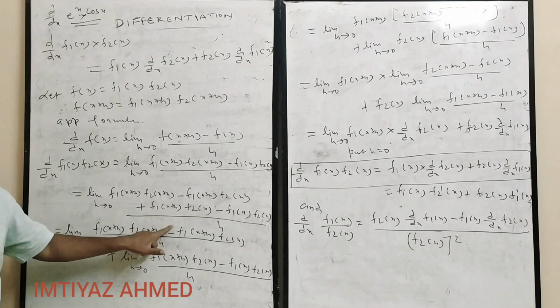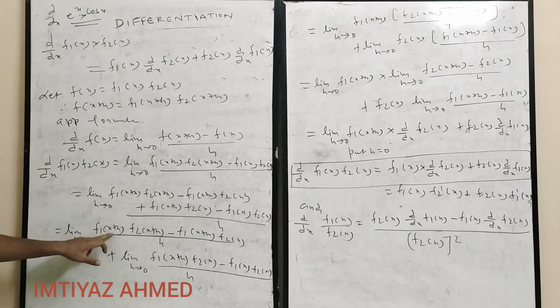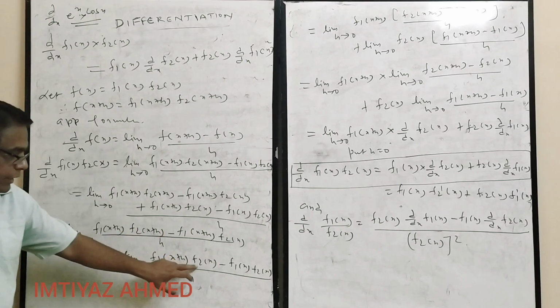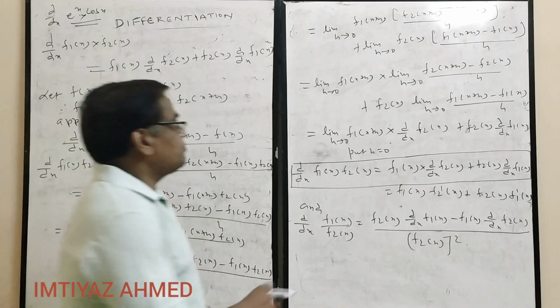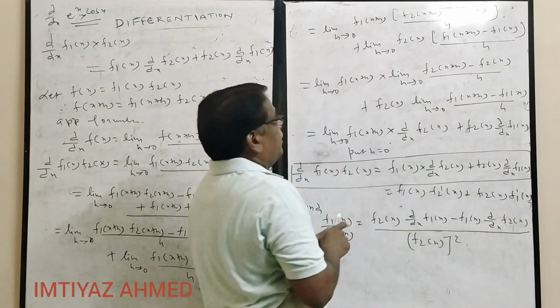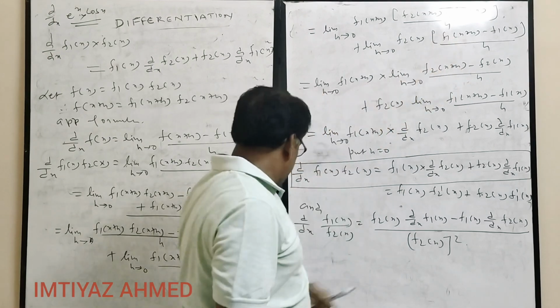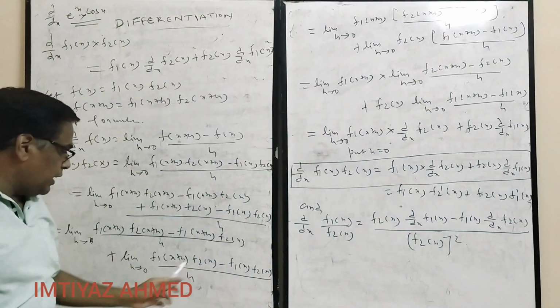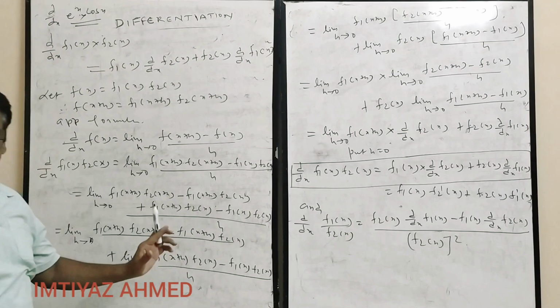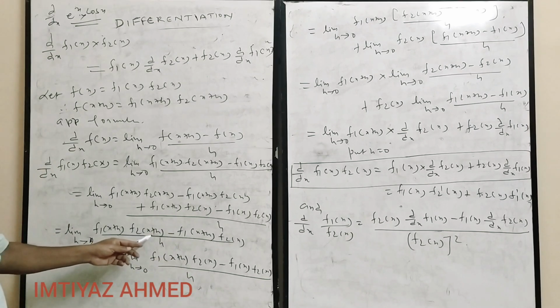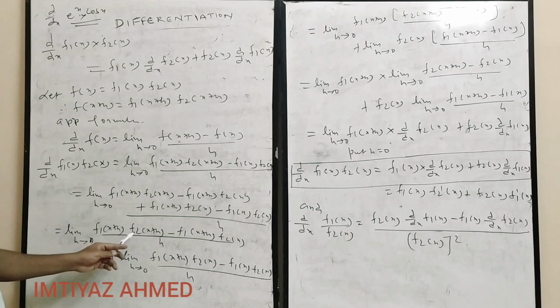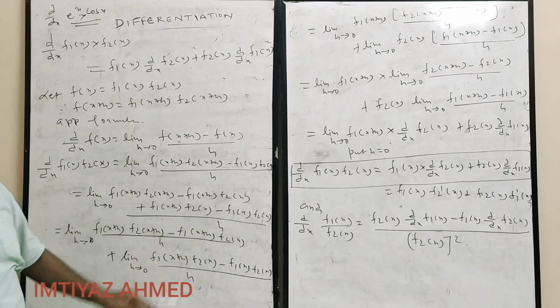Now from the first part I will take f1x plus h common, and from the second part I will take f2x common. So from the first part, when I take f1x plus h common, I will get f2x plus h minus f2x by h, and from the second part, when I take f2x common, I will get f1x plus h minus f1x by h. Here you can see, when I have taken f1x plus h common, I get f2x plus h minus f2x.